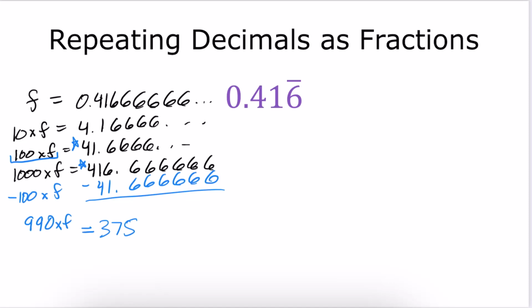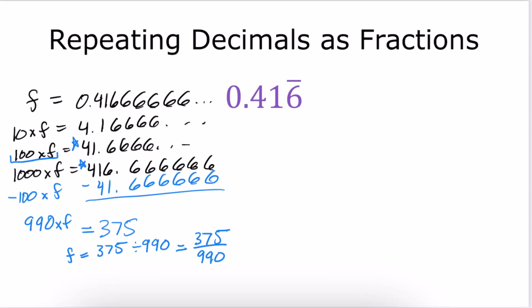So once I've got this, then I can use my fact families to say F, or my mysterious fraction, equals 375 divided by 990. And because fractions are another way of thinking about division, I can write this as 375 over 990. And then I can just go ahead and reduce this.